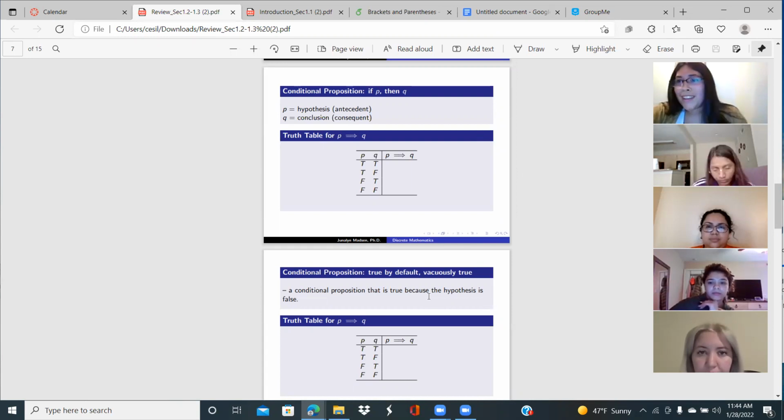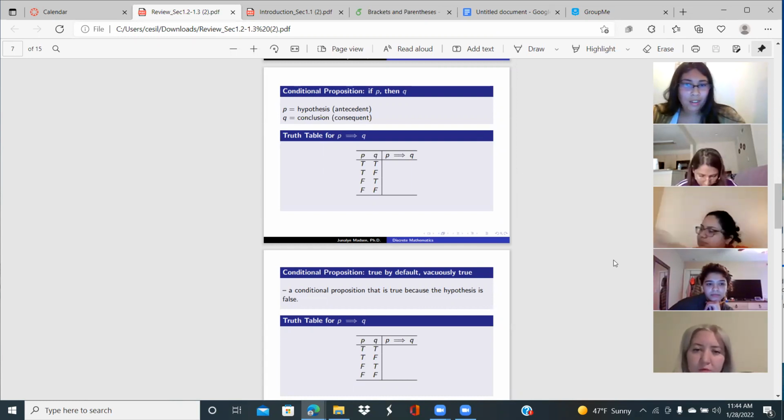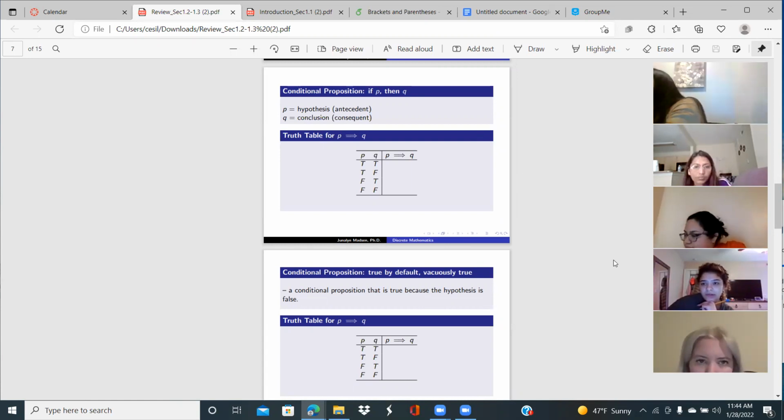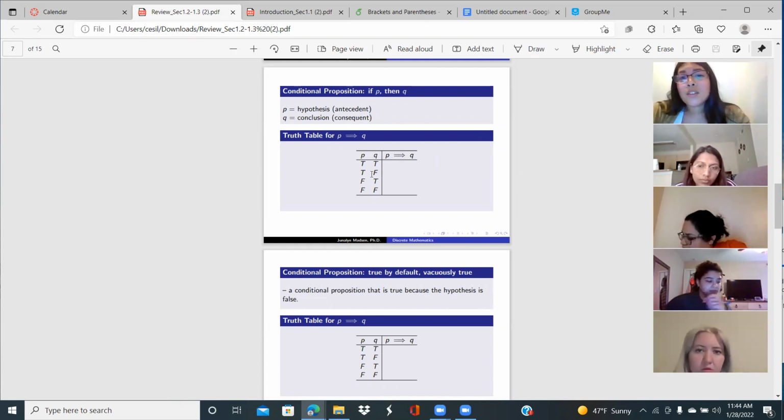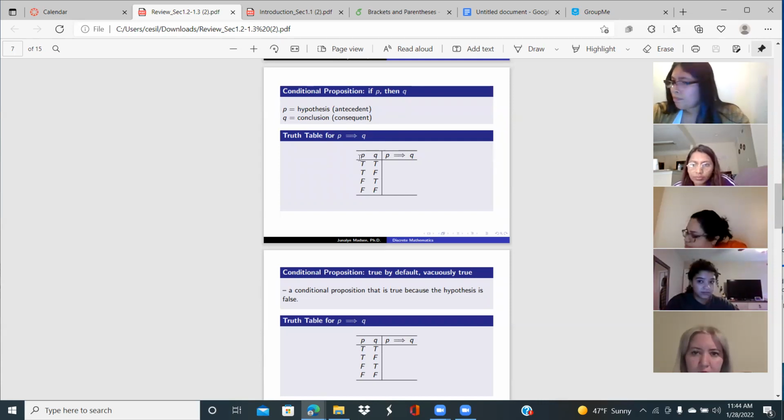Somebody want to tackle this one? Okay. So for if P, then Q. Did anybody understand that? That's what I was looking at right now in the book.